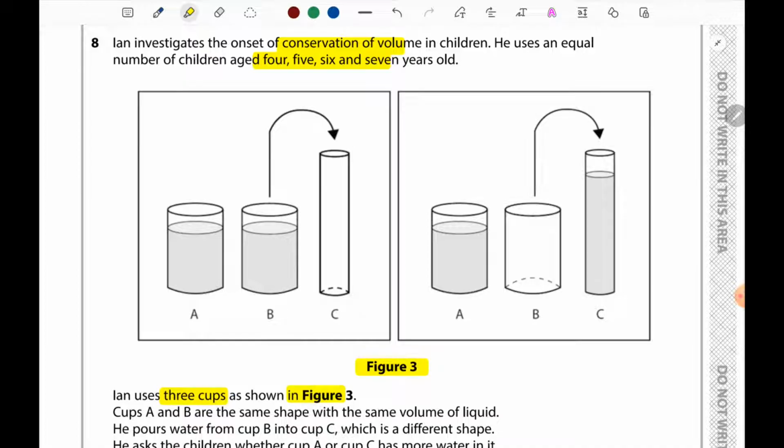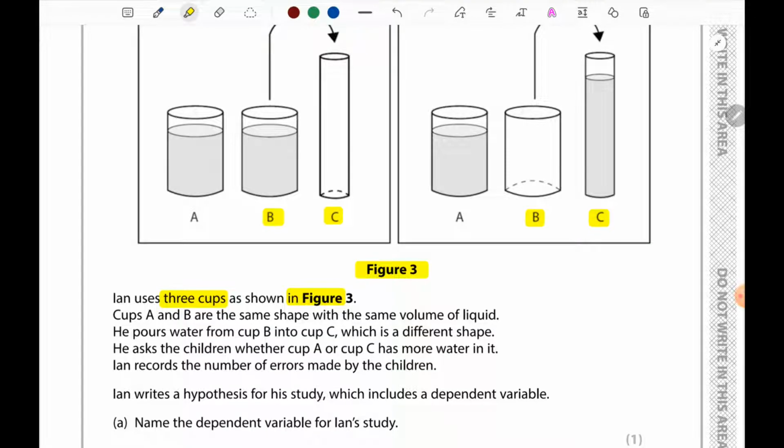In the left part of the diagram, water is in the process of being shifted from a stout cup B to a tall cup C. And in the right side of the diagram, we can see that the shifting is complete. The water has been shifted from cup B to cup C.